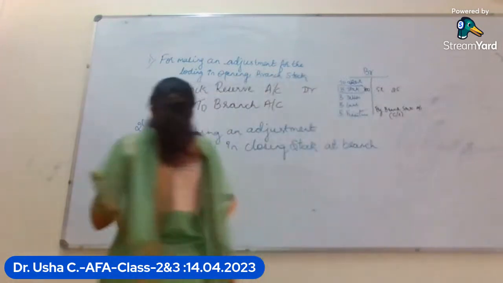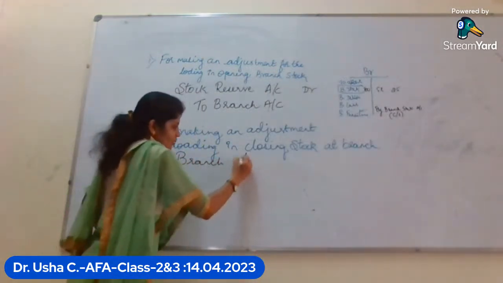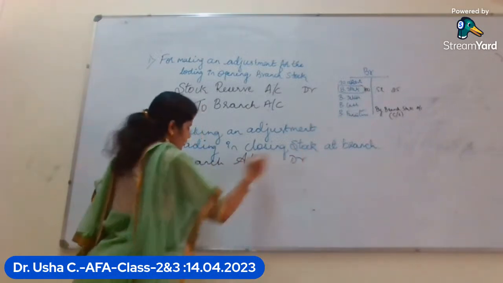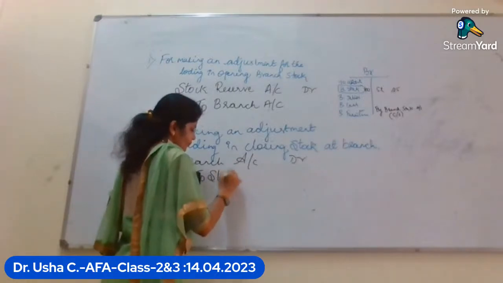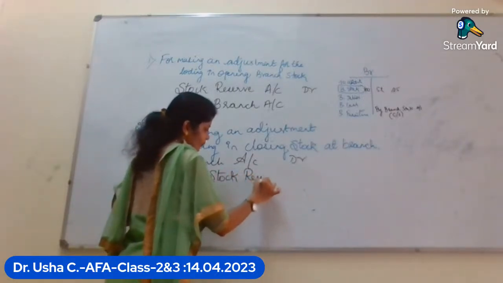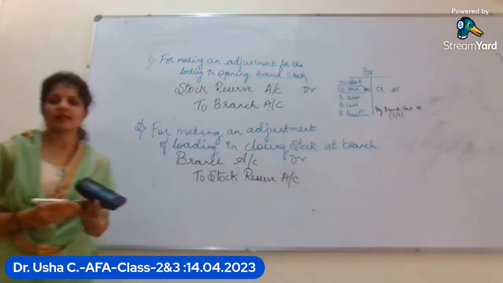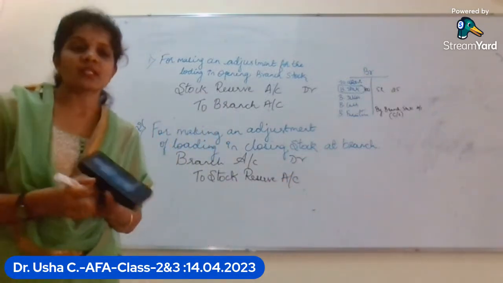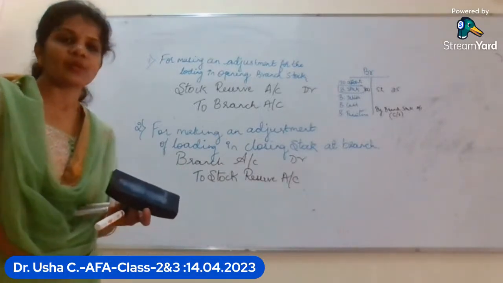So what entry for this? Branch account debit to stock reserve account. So this entry we have to pass for opening stock as well as for the closing stock.